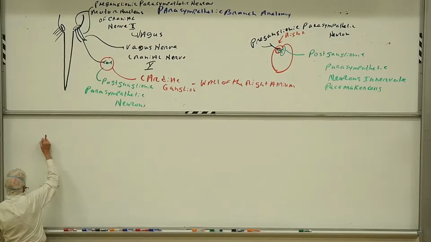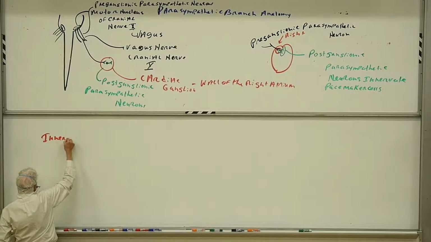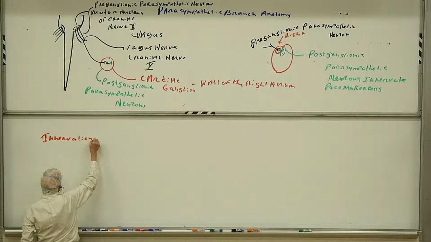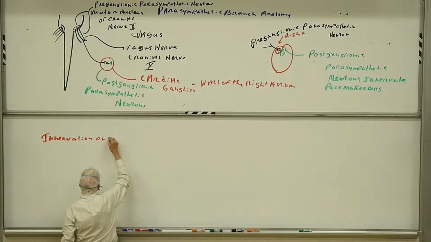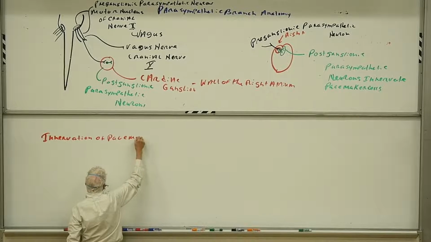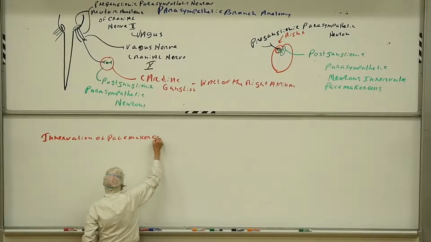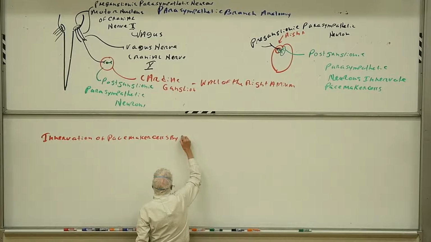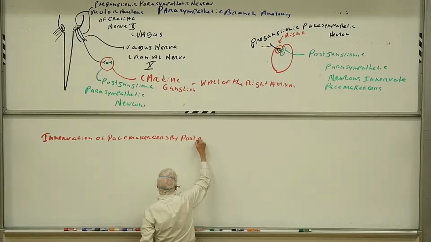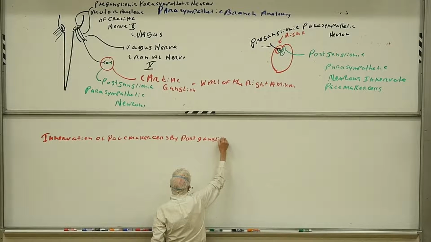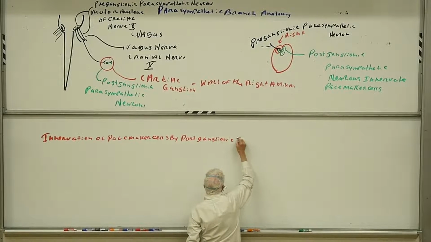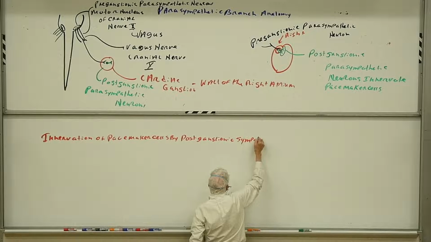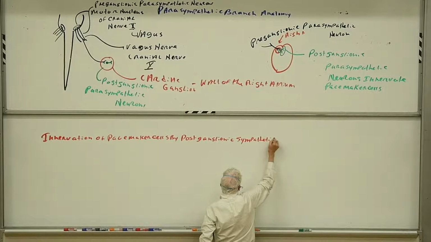Now I'm going to label this as innervation of pacemaker cells by postganglionic sympathetic neurons.